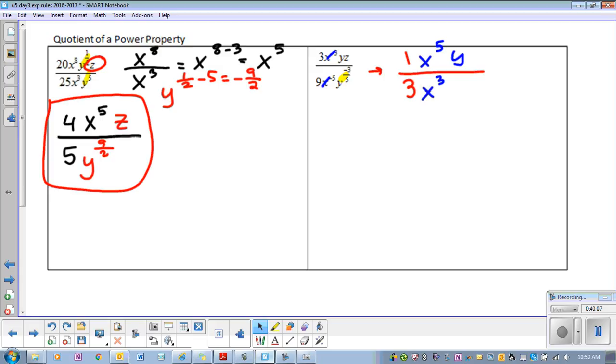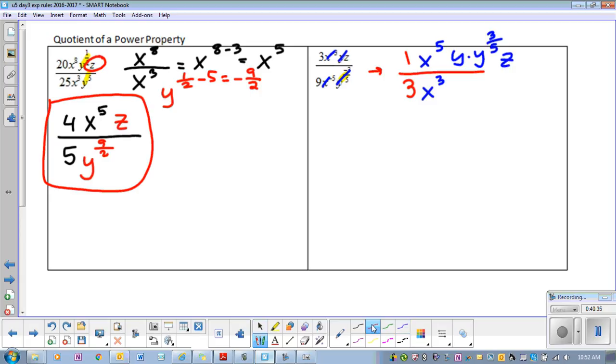Down the bottom, I have y to the negative 3/5. It's negative, but I'll make it positive. Move it to the top. 3/5. So it joins that other y, huh? And then what's left over? The z. Do I need to move that z? No.